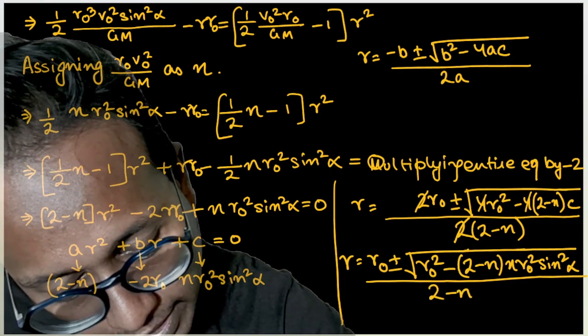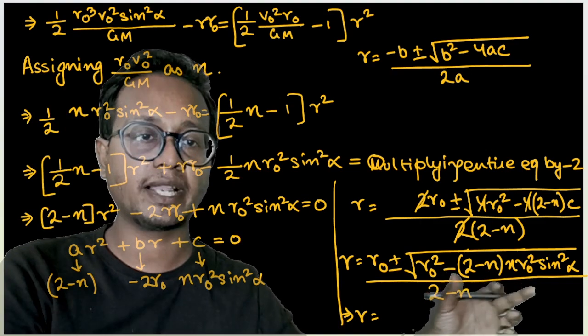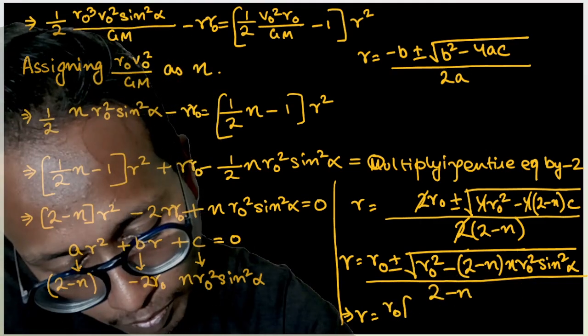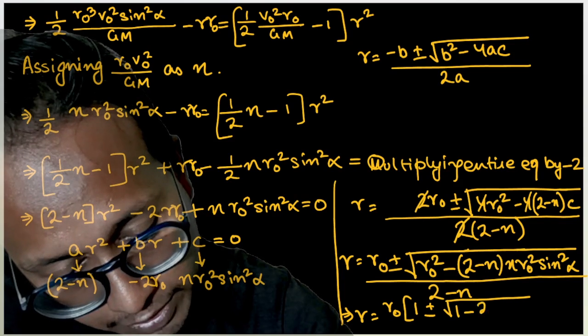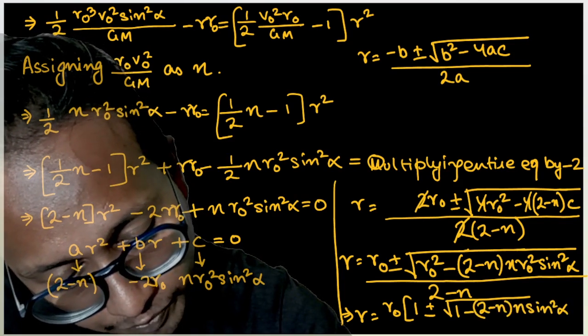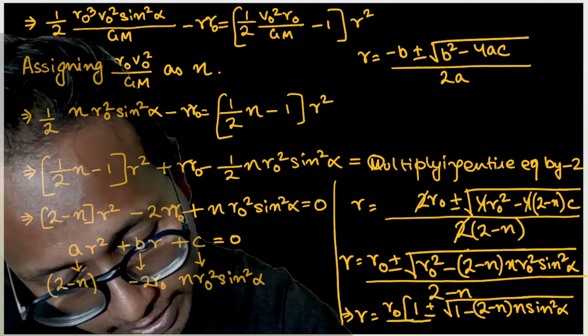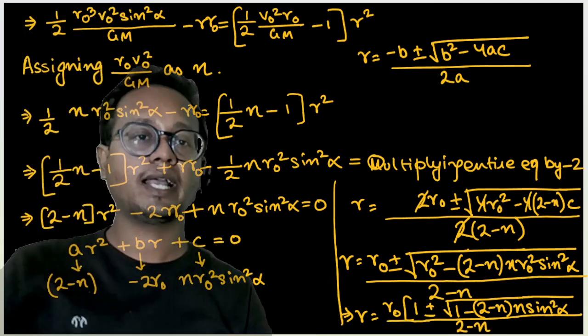Or I can also take r naught square common from inside the bracket. So I'll take r naught common: 1 plus or minus under root of 1 minus 2 minus n into n sine square alpha, by 2 minus n. So this is our answer that we get.